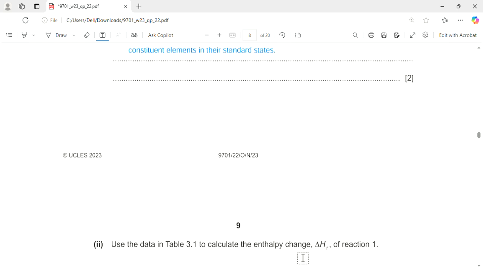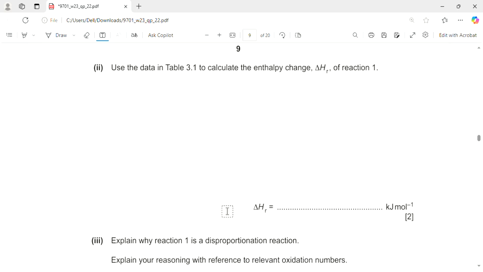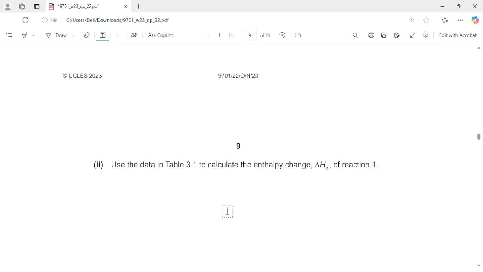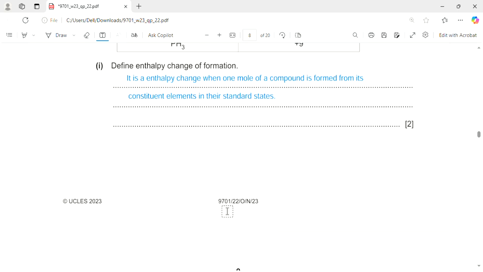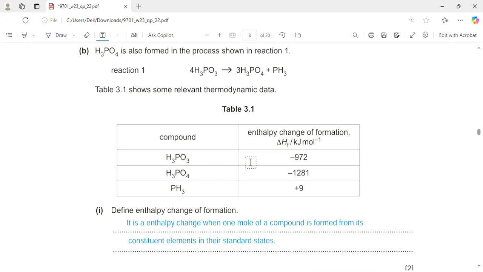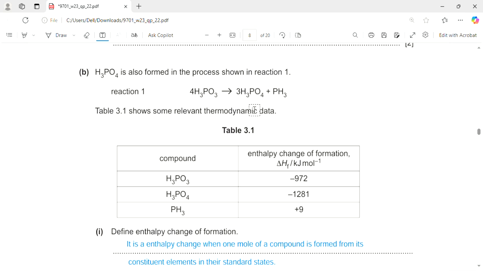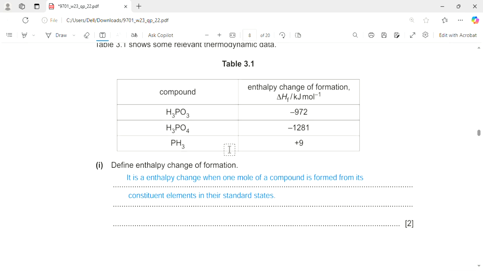Now use table 3.1 to calculate the enthalpy change of reaction 1. Okay, this is table 3.1. So we see that phosphoric acid gives H3PO4 and PH3.